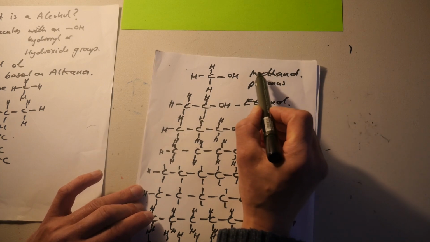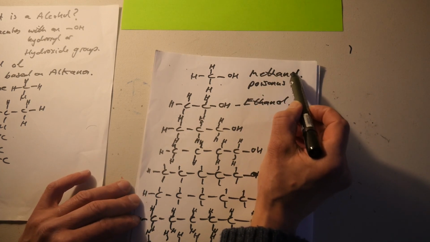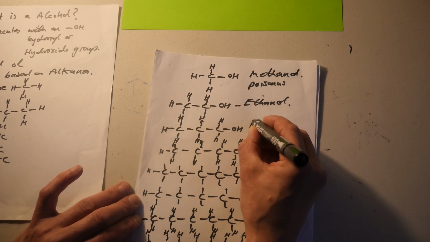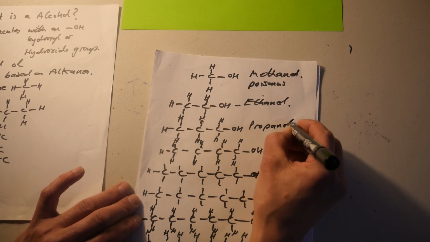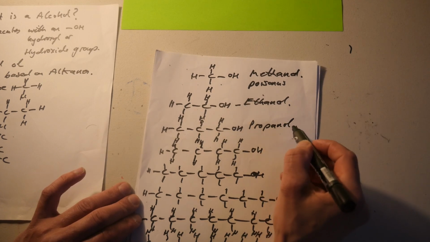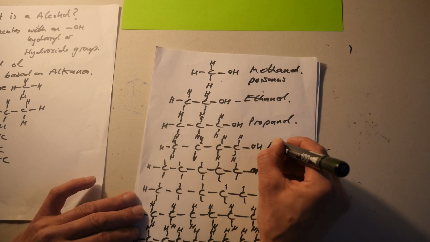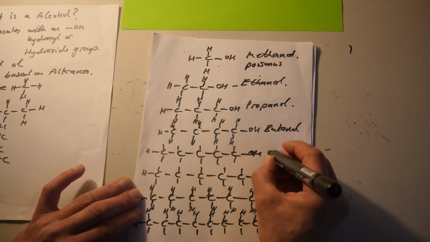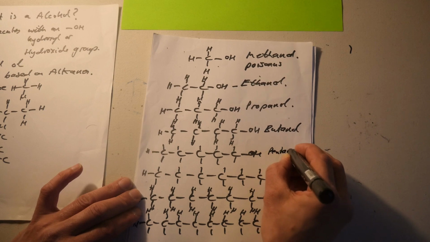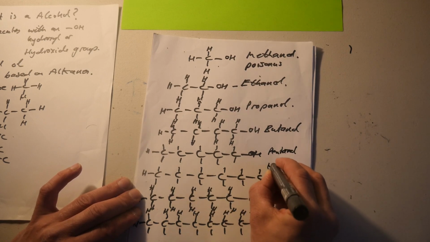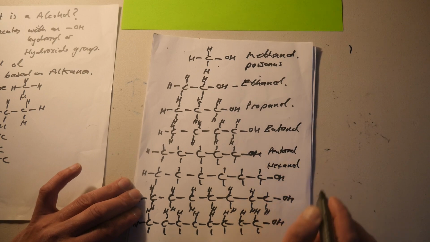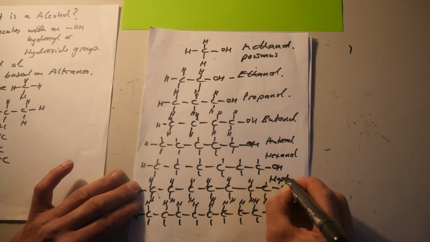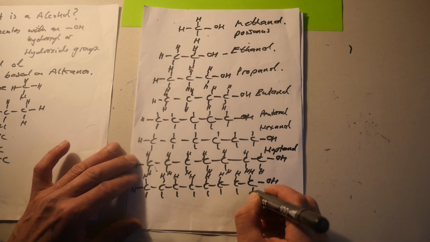So you see how the name is like methane, but we replace the E with OL. This is ethane, replacing the E at the end with OL. This is propanol. The E that would go here is replaced by the OL: propanol, then butanol, pentanol, hexanol, heptanol, and this is octanol.